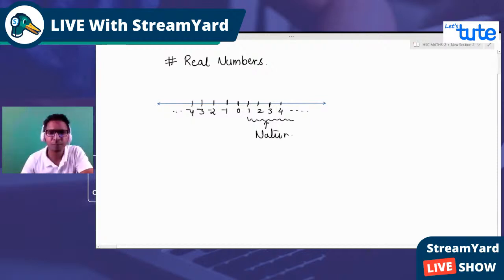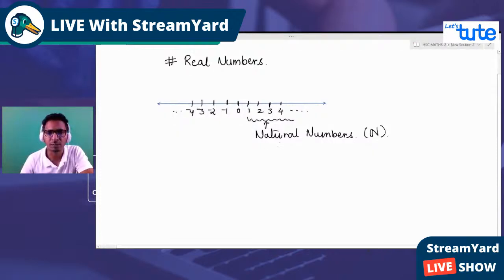Natural numbers. In mathematics, they are also denoted by capital N. Sometimes they use double lines to write it in that text. So they are natural numbers, and they are also called positive integers because these are non-decimal numbers, we don't have any digits after the decimal.